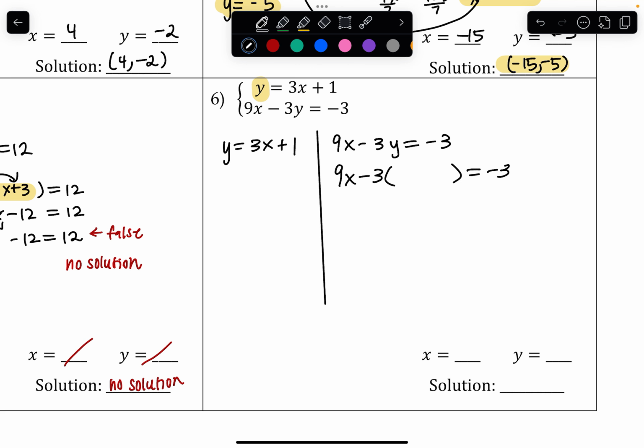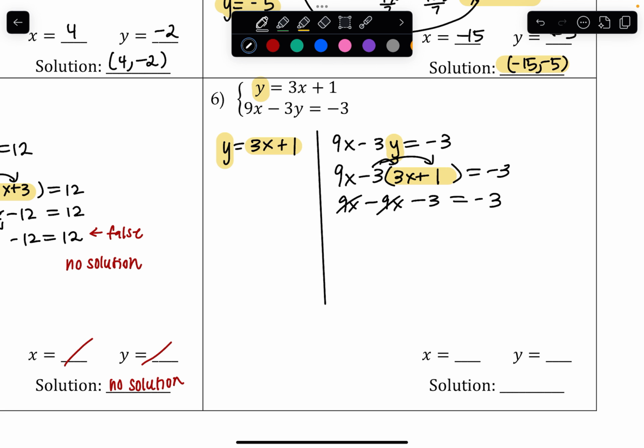Y is the player getting subbed out of the game. His sub is 3x plus 1. Okay, and so when I distribute the negative 3, I get negative 9x minus 3 equals negative 3.